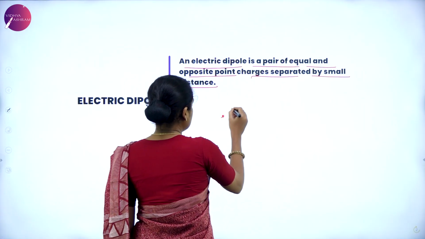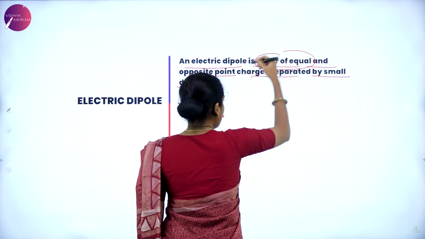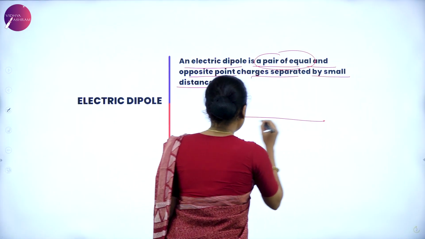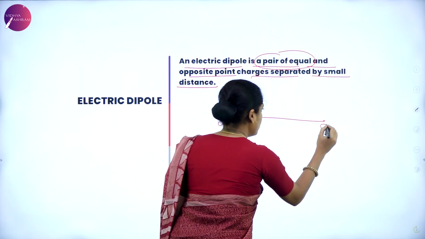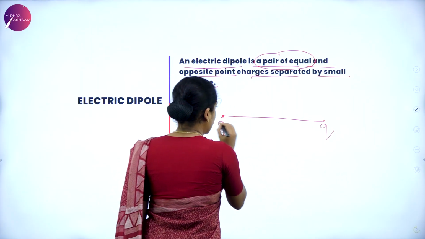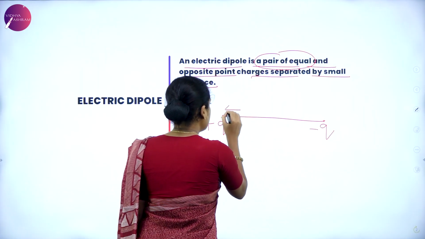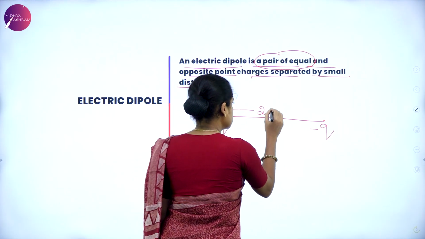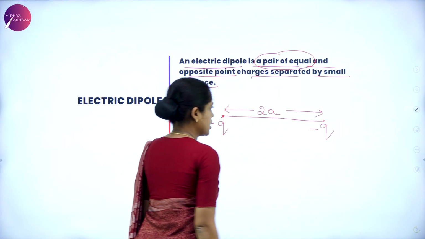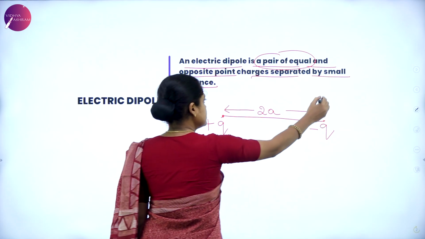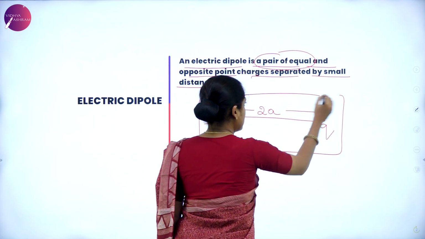Yes, consider pair of equal in magnitude opposite charges separated by small distance. That small distance is nothing but 2a. This is known as dipole.